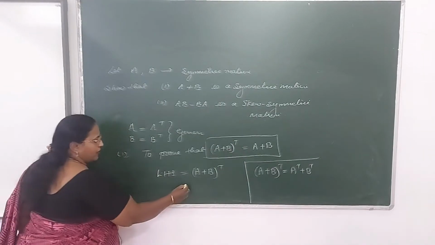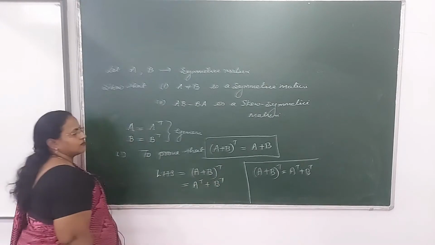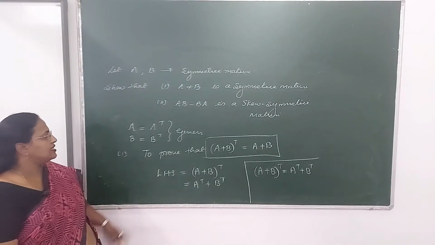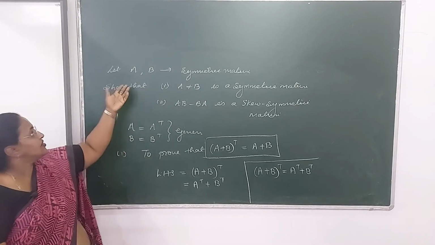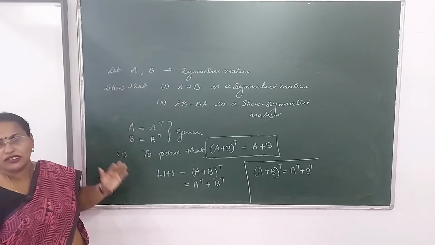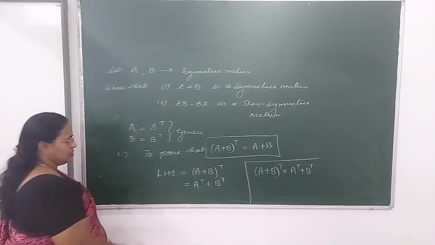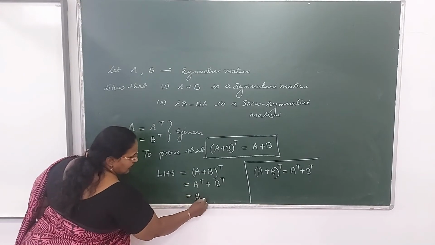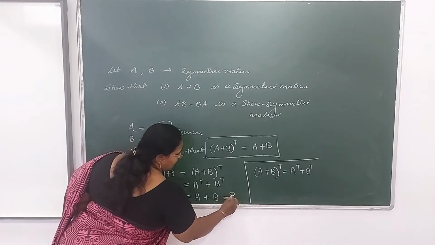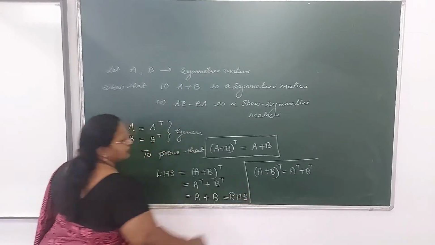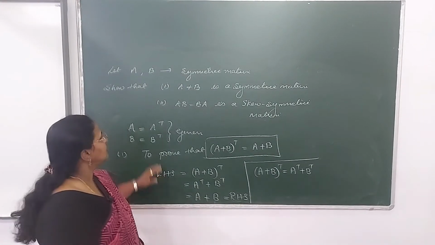By that property you can write A transpose plus B transpose. And now see, it's given that A transpose is A and B transpose is B, because it's given that A and B are symmetric matrices of the same order. So this too can be replaced by the given condition. So put A transpose as A and B transpose as B. And see, this is the right hand side. So this is done. Okay. So the first is done.